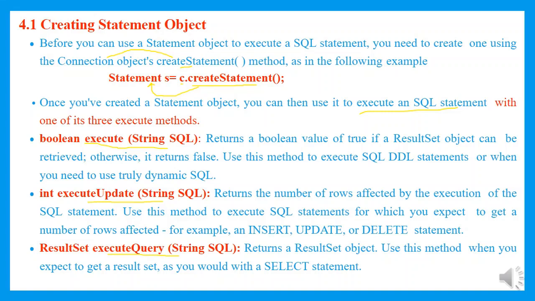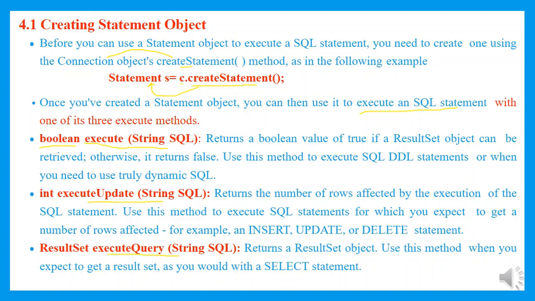Let us see the first one. The execute method takes one argument of type String, the SQL, and the return value will be assigned to a boolean value. This method returns the boolean value true if the ResultSet object can be retrieved. It means once the query has been executed and the values are retrieved from the table, the method returns true.